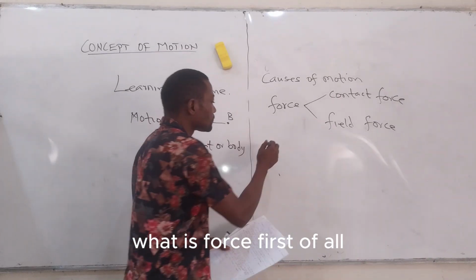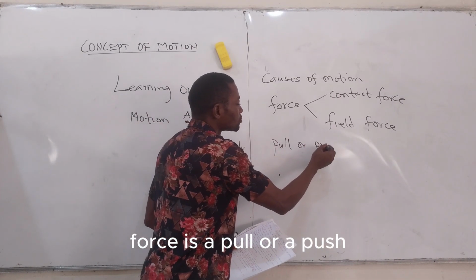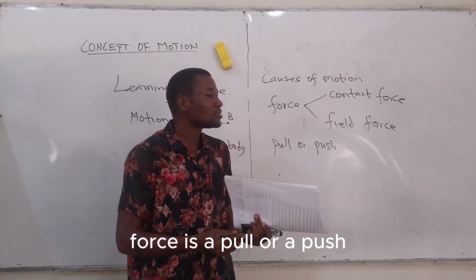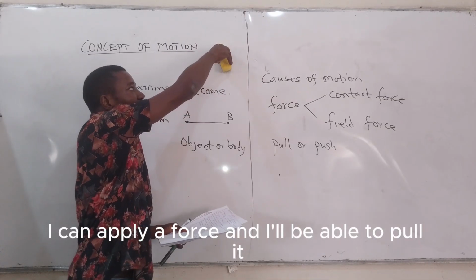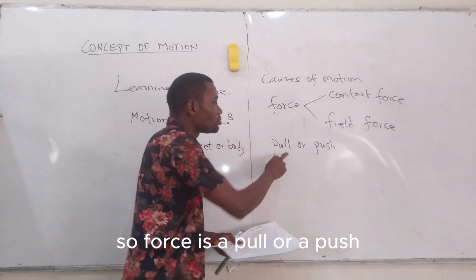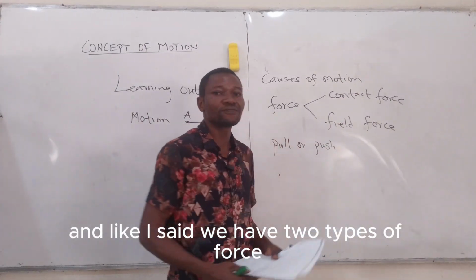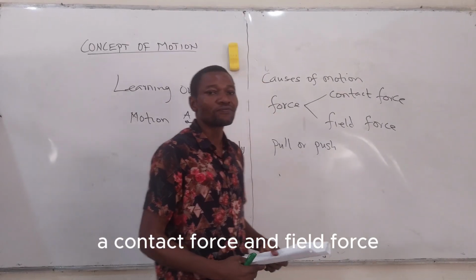What is force? First of all, force is a pull or a push. For instance, this is a duster. I can apply a force and I'll be able to pull it. So force is a pull or a push. And like I said, we have two types of force, a contact force and field force.